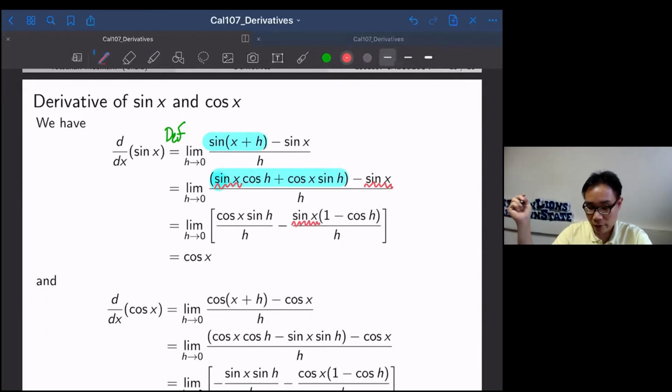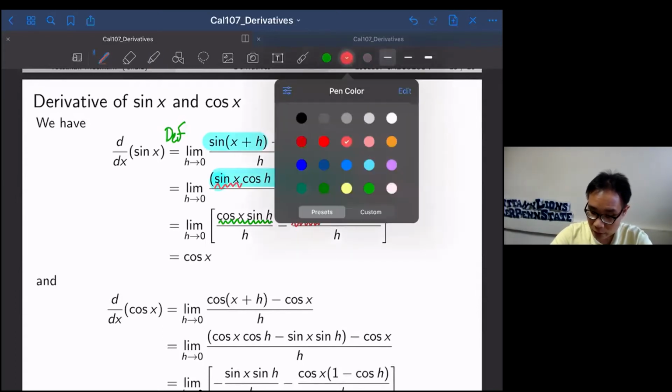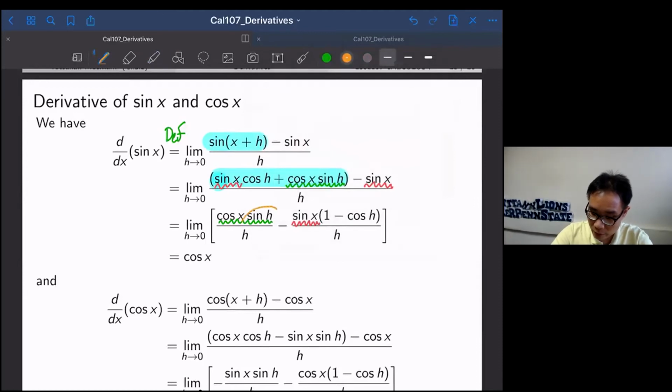So you're going to get sine x times (1 minus cos h) over h, and you have the second term, which is cos x sine h. And you're going to have sine h over h.